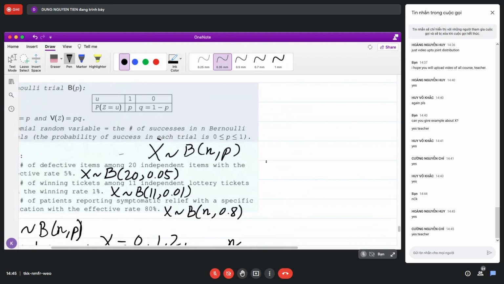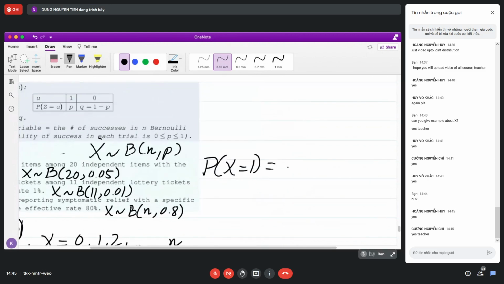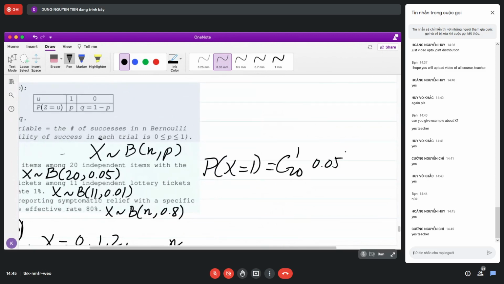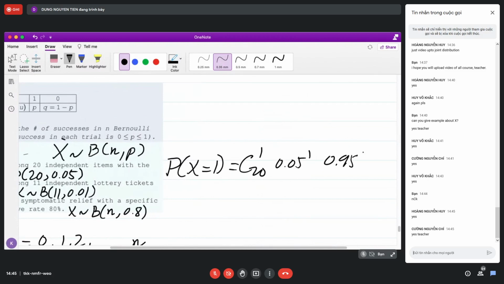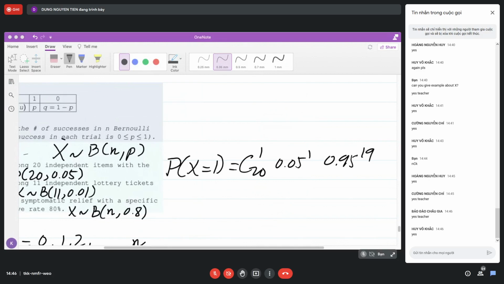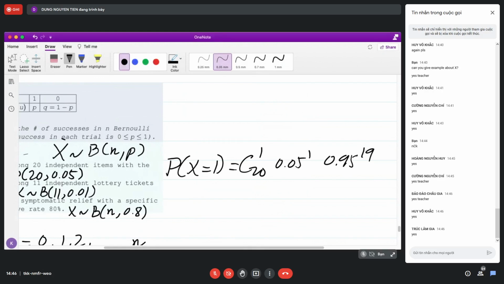You want to find the probability that x equals 1, and you should get 20 choose 1, times 0.05 to the first, times 0.95 to the 19th. Do you understand?